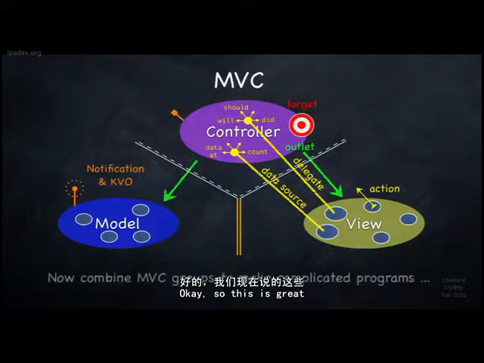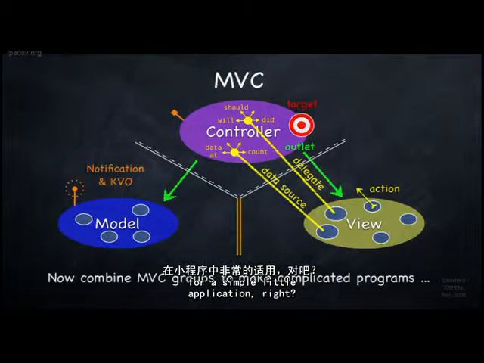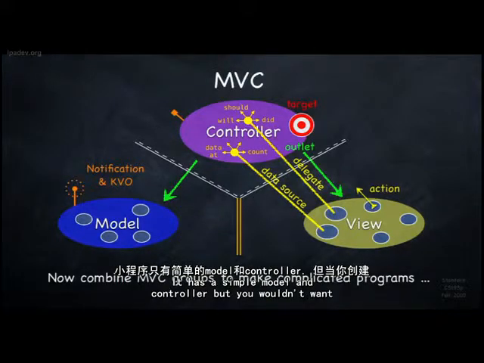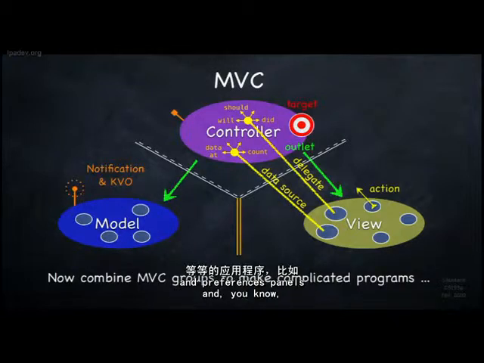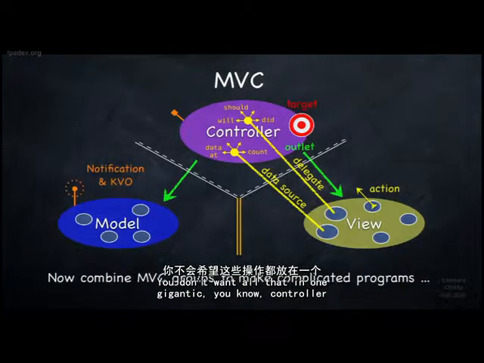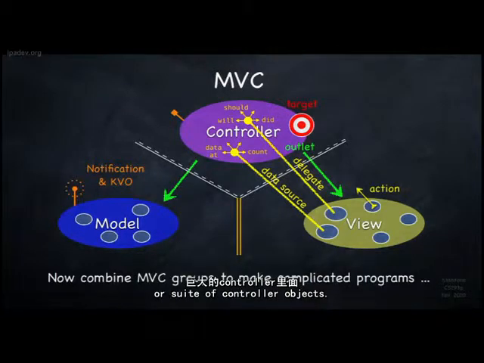Okay, so this is great for a simple little application, right, that has a simple model and control, but you wouldn't want to build a humongous app with all kinds of screens and preferences panels and, you got your space shoot 'em up, you're going to a space station, you're on board. You don't want all that in one gigantic controller or suite of controller objects.